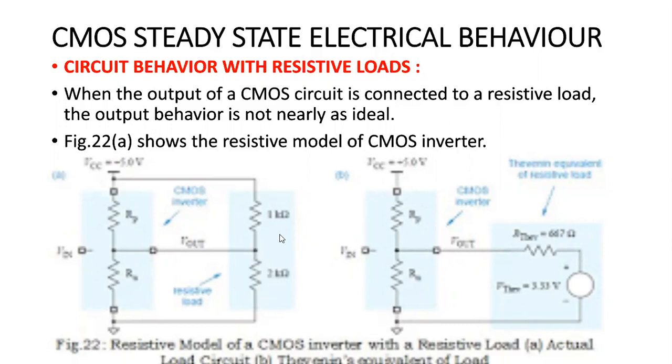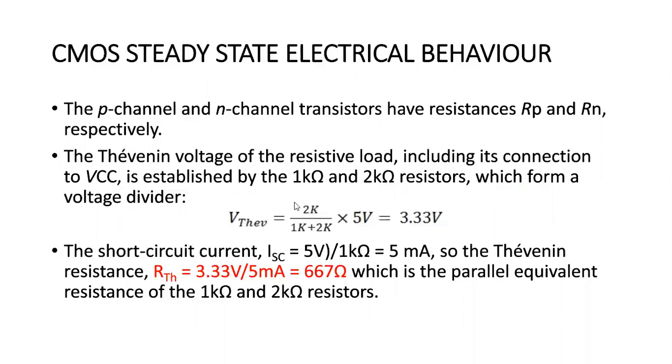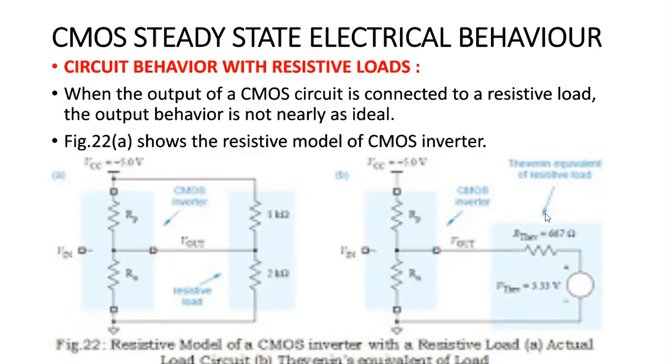So Thevenin's voltage is 2 kilo ohms divided by 1 kilo ohm plus 2 kilo ohms, into 5 volts, which results in 3.3 volts. Like this we can get Thevenin's resistance and Thevenin's voltage.